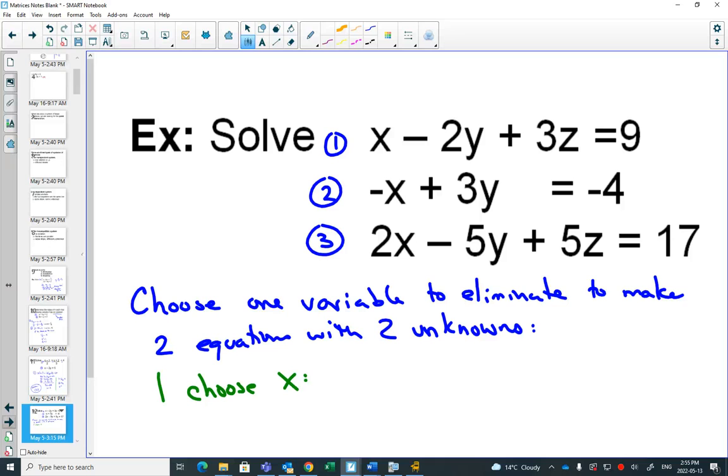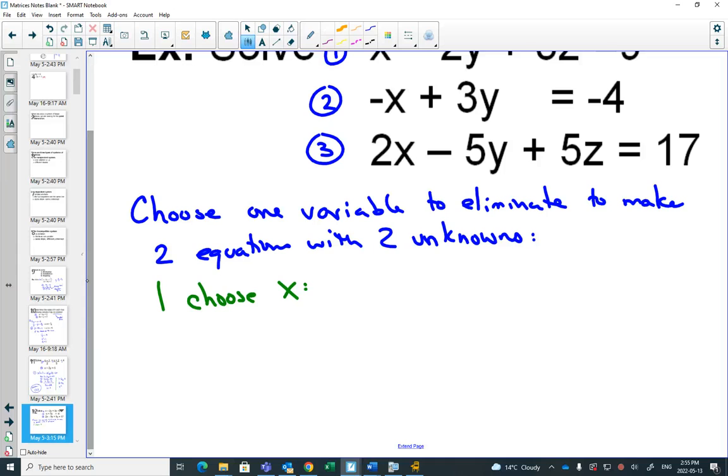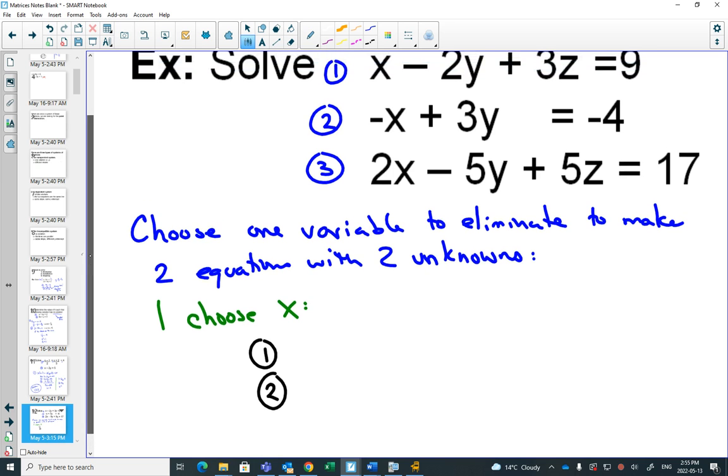So you choose 2 of your original equations. I'm going to choose equation 1 and equation 2, because equation 1 was x minus 2y plus 3z equals 9, and equation 2 was minus x plus 3y equals negative 4.